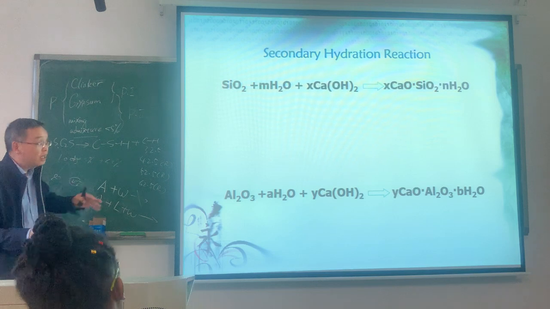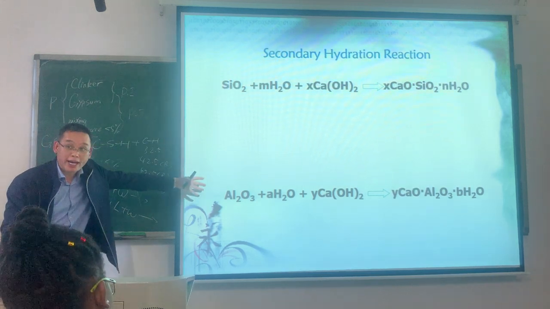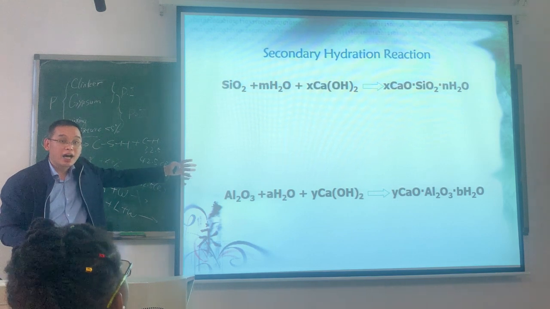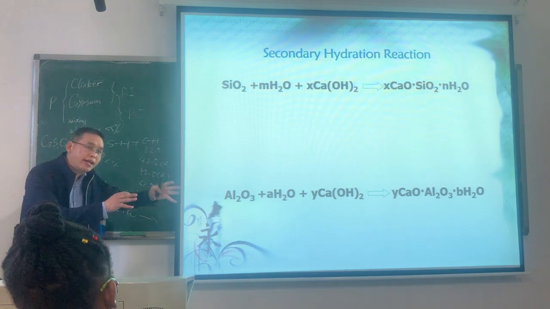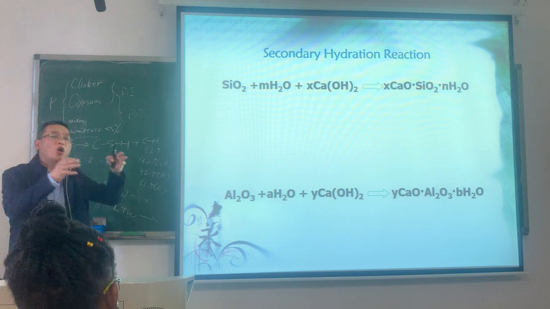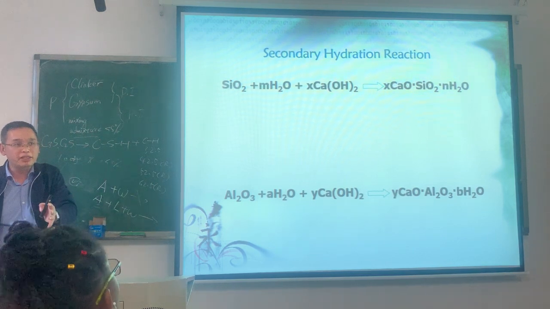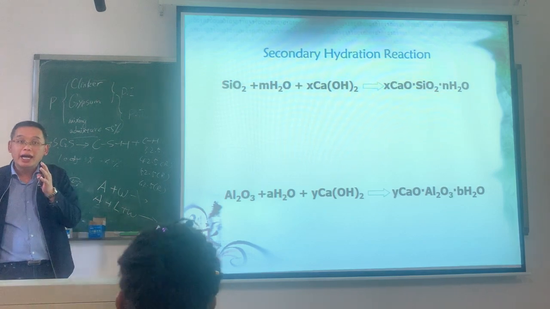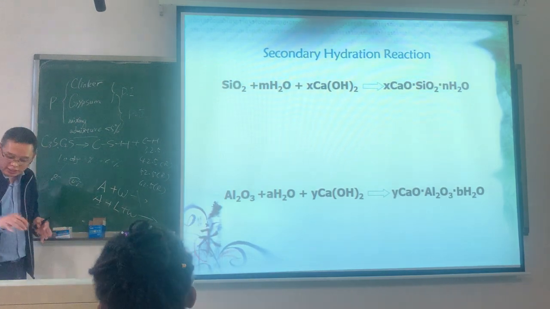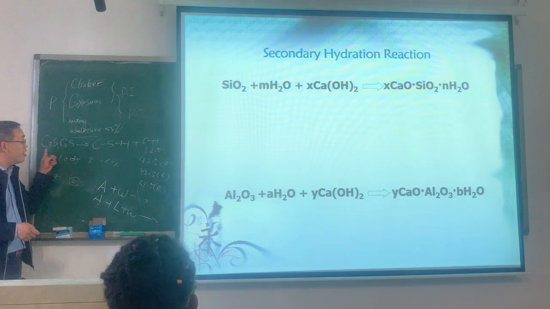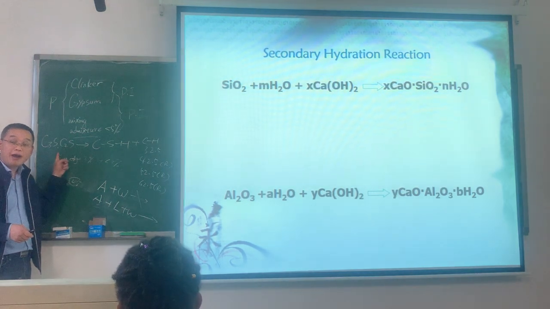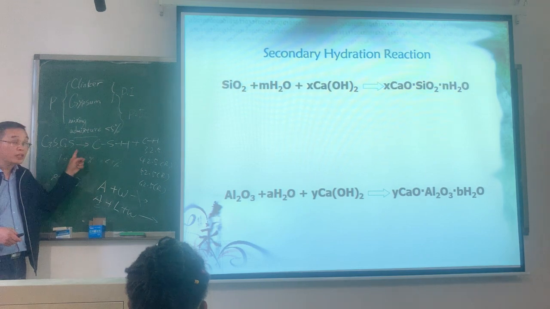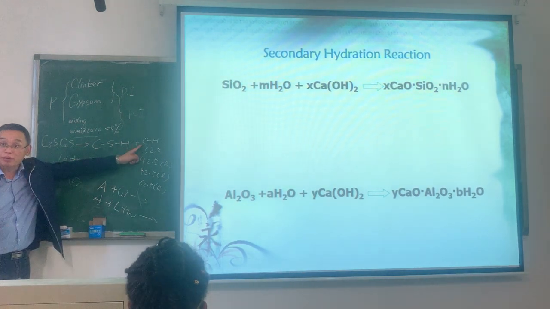These reactions happen at the early age or at the late age of the cement? It means that after the hydration of C3S and C2S, the calcium hydroxide is produced.